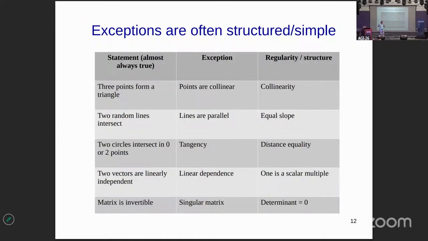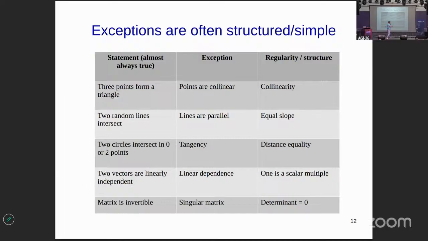So now the important question: what if there are rare examples? For example, three points form a triangle, unless they are collinear. Or two random lines intersect, unless they're parallel. Or two circles intersect in zero or two points, unless they're tangent to each other. Do you notice that the exception always has some regularity to it?